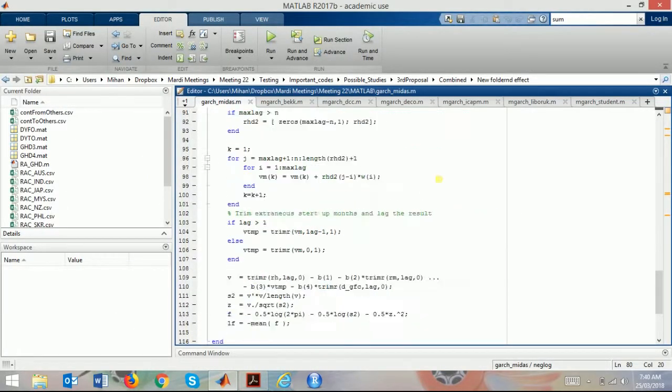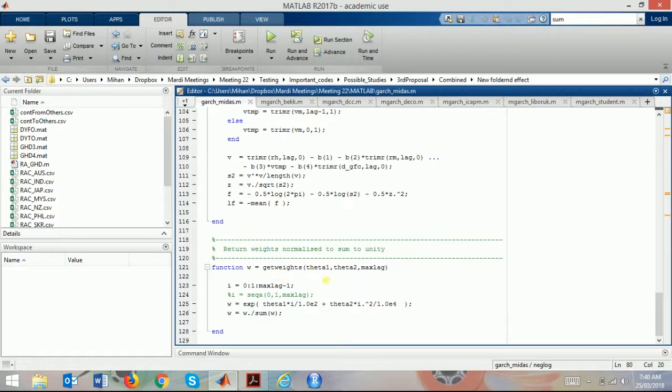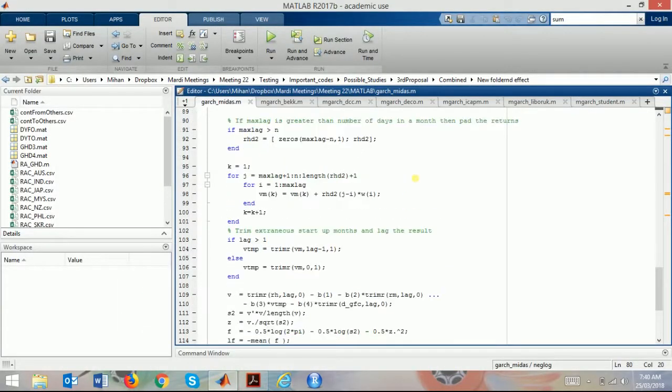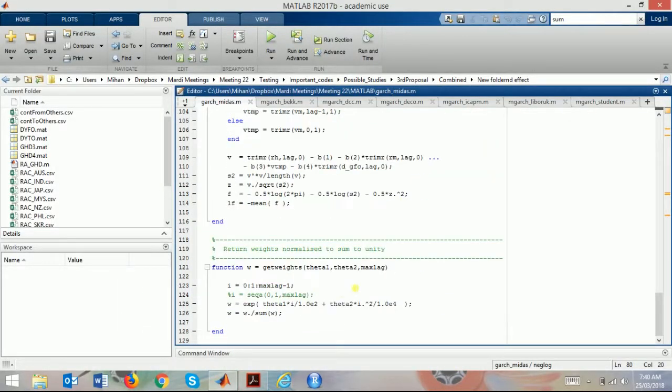Then we want a get weights function. So what was the get weights function? Theta 1, theta 2, max lag. Okay, fine. Maximum lag, this will be estimated. So i equals 0 to maximum lag minus 1, where maximum lag is 18, minus 1 by 1s.